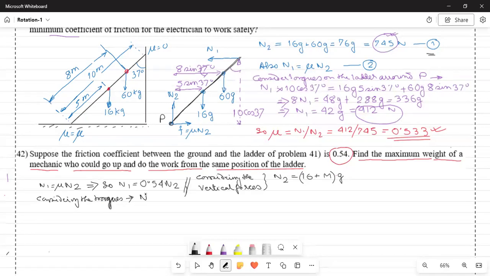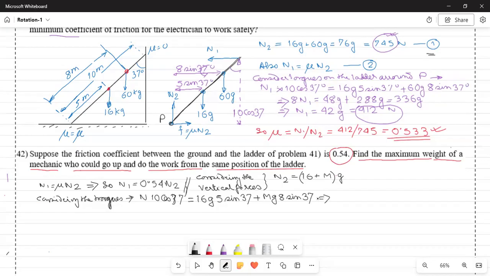N1 into 10 cos 37 equal to 16G into 5 sin 37 plus, now it is no more 60G, it is capital MG into 8 sin 37 degree.